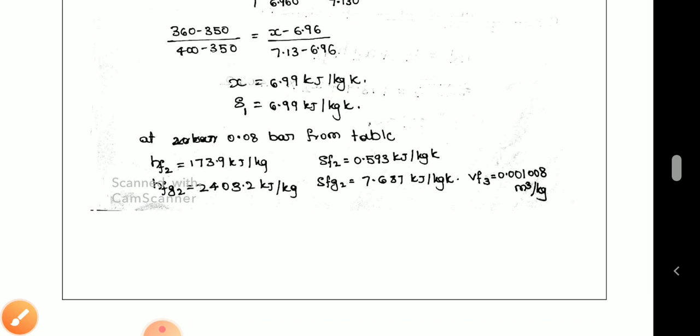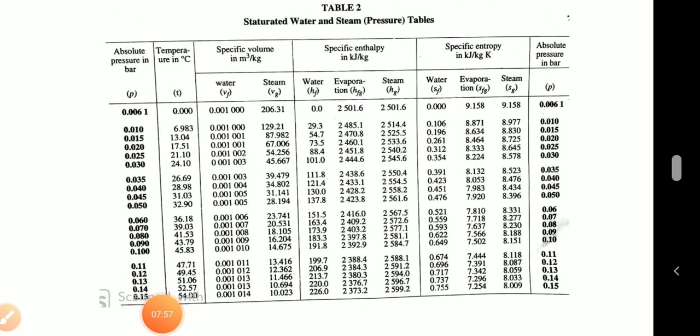Now at 0.08 bar from the table, we can get HF2, HFG2, SF2, SFG2 and the specific volume of the fluid, because state 2 is with respect to 0.08 bar. So now we'll go to the table and check the values. This is the saturated water and steam pressure table.